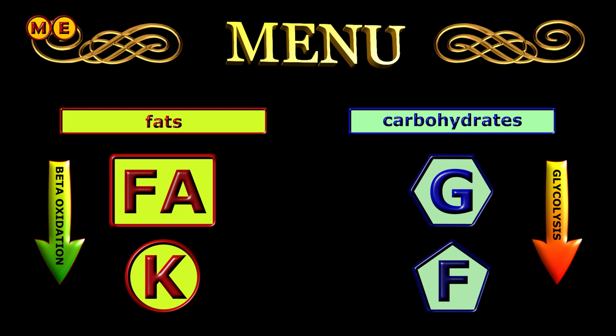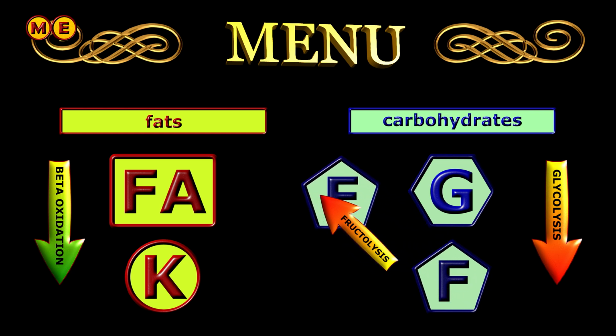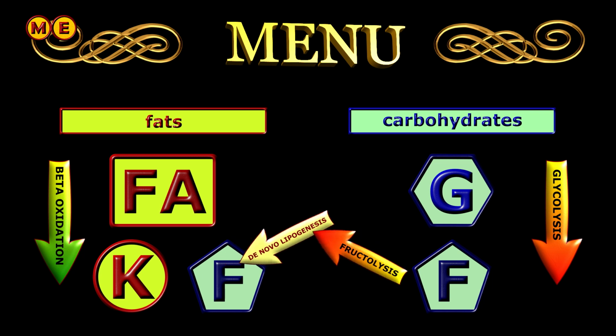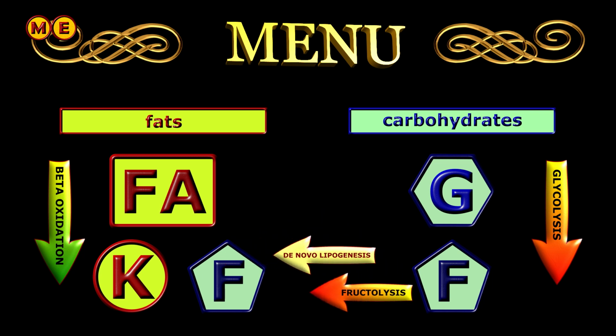So now we are going to do something that no one else does, and we're going to move fructose out of the carbs group and put it into the fats group, because it is used in the form of fatty acids. So the official menu of the cells consists of two groups of nutrients, fats and carbs.